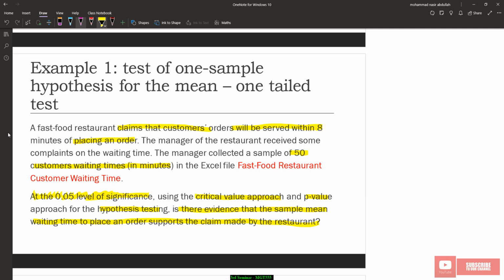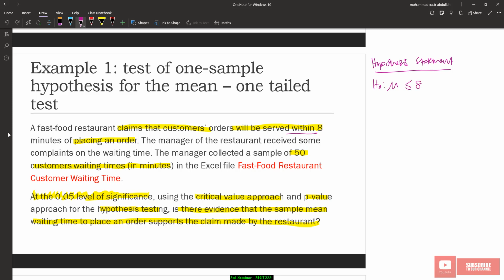So now, the first step is we need to create the hypothesis statements. Remember, in the test we have to do it like this. Null hypothesis: mu is more than or equal to 8. Sorry, what do they claim? They claim it will be served within 8 minutes, right? So mu is less than or equal to 8.